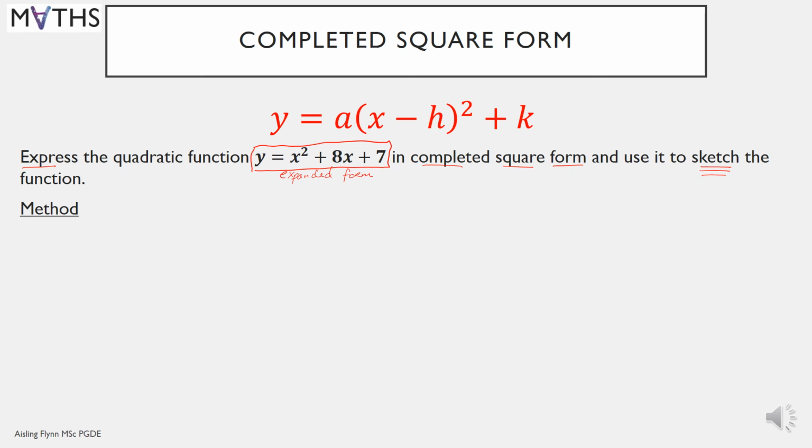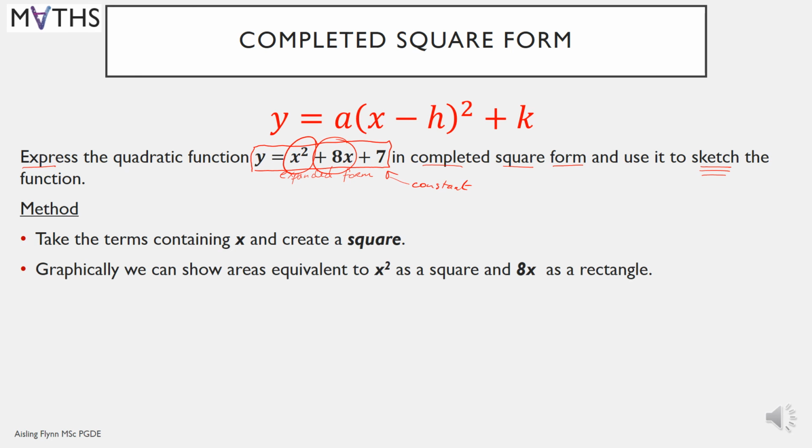This is the method I like to use, and it's a very graphical method where you can see what's happening. We're going to take the terms that contain x and create a square. The terms containing x are the x squared part and the plus 8x. We'll leave the constant part, we'll sort that out later.